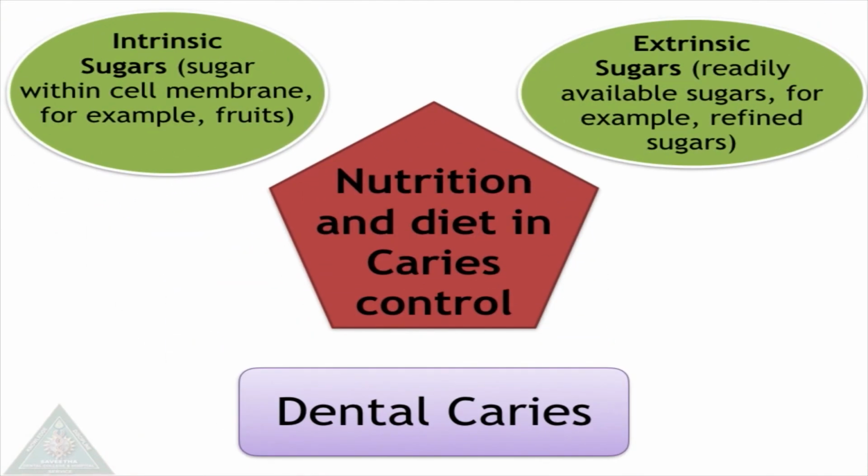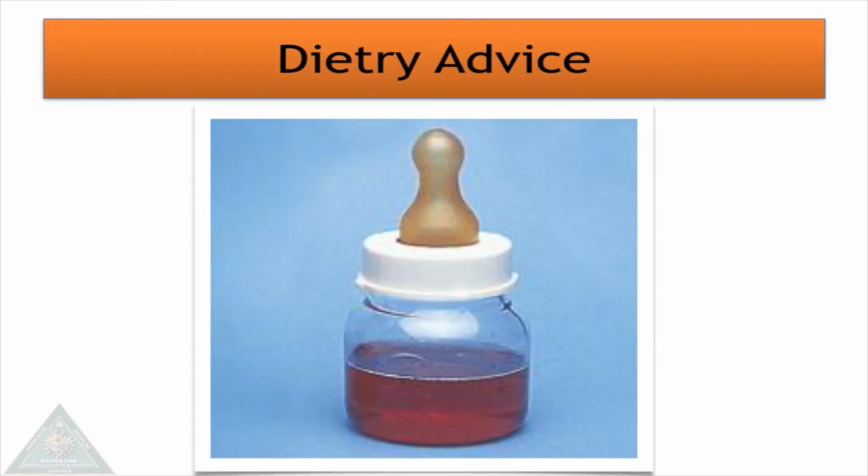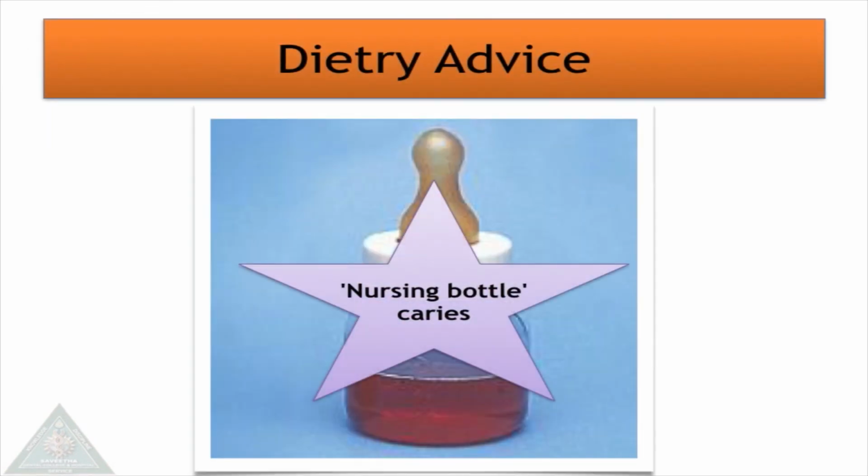The nutrition diet in dental caries control. There are two types of sugar present, called intrinsic and extrinsic sugars. And we always recommend following a simple sugar diet to avoid dental caries. So what is the dietary advice? We should always avoid using a nursing bottle or feeding bottle.